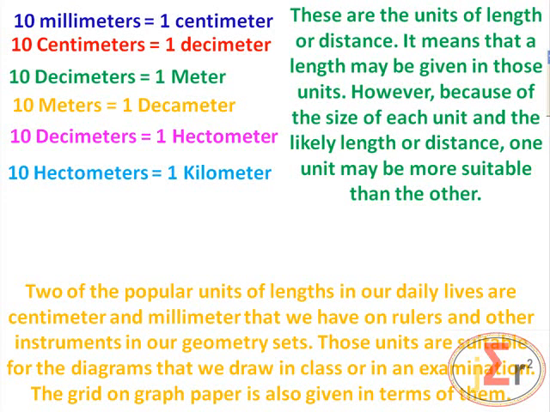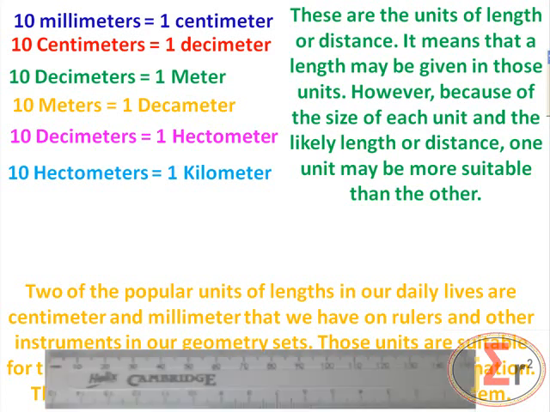So we have the very tiny squares, those are 2 millimeters, and we have the medium-sized square, that's a centimeter square, and then we have the larger square, and that will be our 2 centimeters square. So the grid on the graph is also given in millimeters and centimeters.